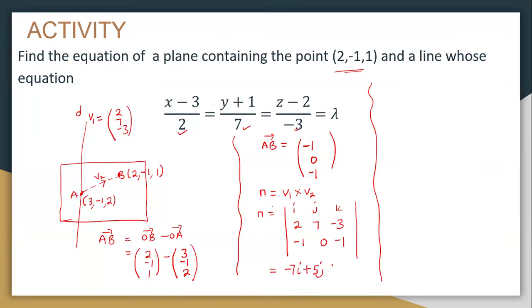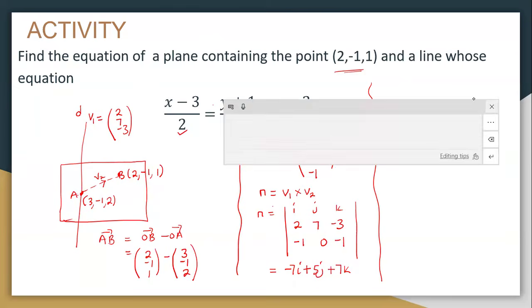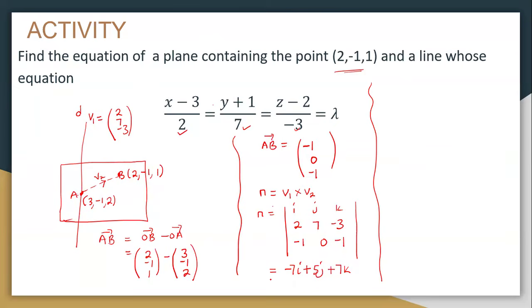And then for the last one, this is 0, this is negative, negative, which will be a plus 7k. So that's what we have. Those answers I'm seeing in the chat are very okay. Now since we have the normal, members, we can go on and find that particular point.